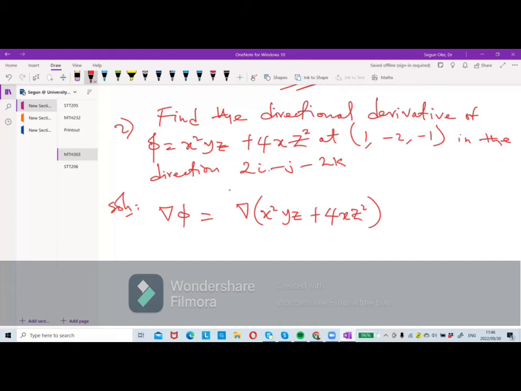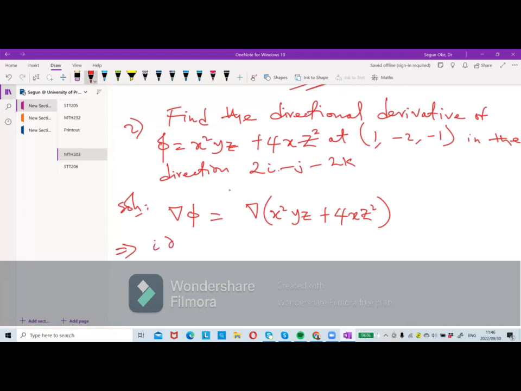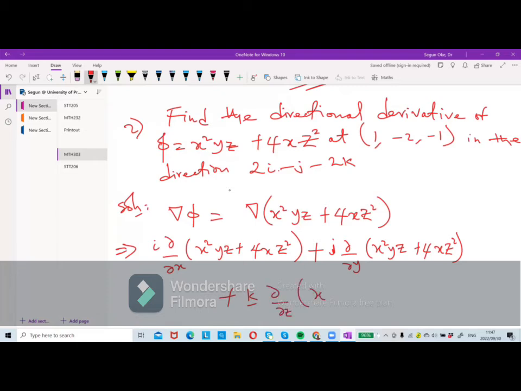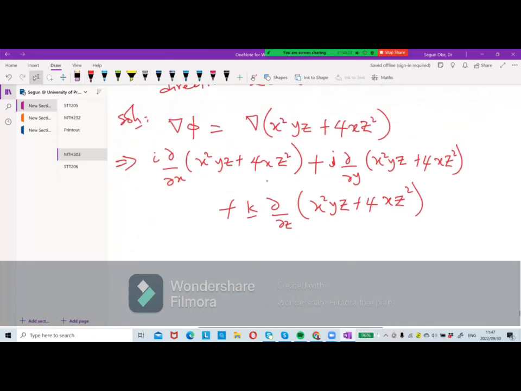So if you want to solve this one, it's going to be i d/dx of the whole thing, plus j d/dy, plus k d/dz of x squared yz plus 4xz squared. So we need to solve this one now.